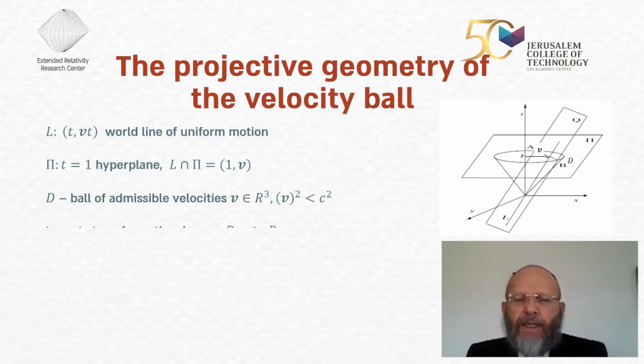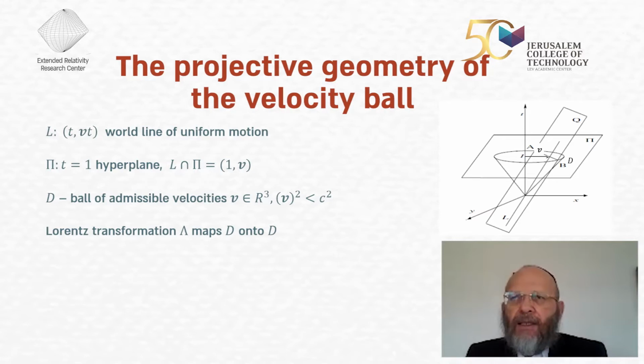The Lorentz transformations that we discussed in the previous lecture map the velocity ball into the velocity ball, because under the Lorentz transformation the metric is preserved and the speed c is invariant.